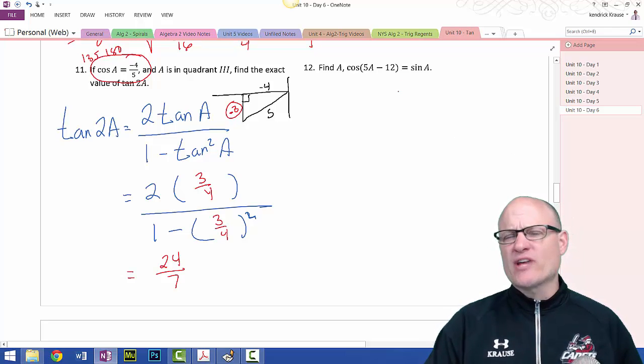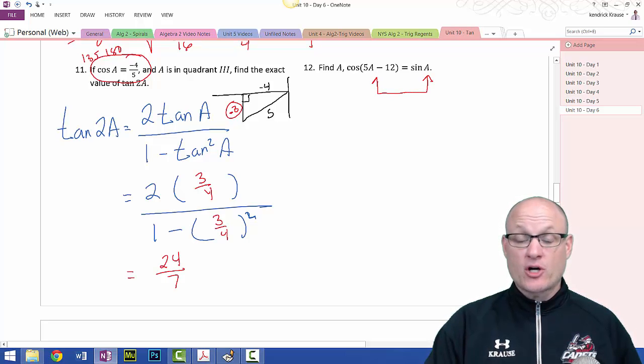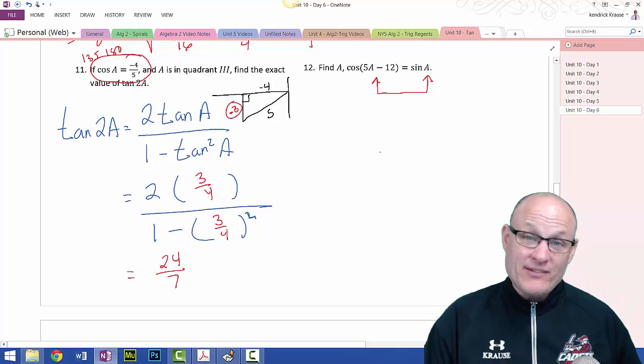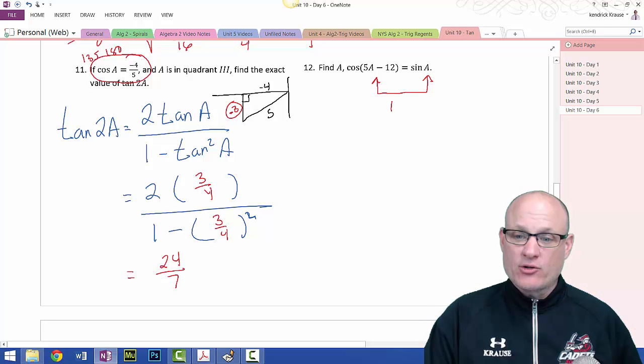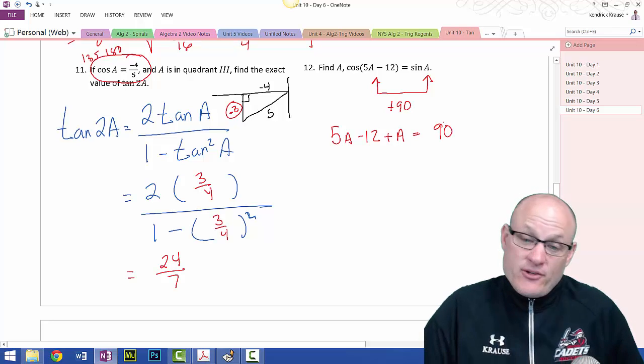When does cosine equal sine? 45 and 45, 30 and 60. Remember, cosine and its cofunction, sine and its cofunction, cosecant and secant, tangent and cotangent, they always equal each other when the angles add up to 90 degrees. So all I got to do is 5a minus 12 plus a equals 90 degrees. And then just solve that.